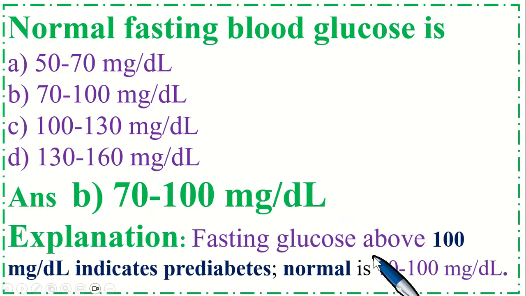Explanation: fasting glucose above 100 mg per deciliter indicates prediabetes. The normal fasting blood glucose range is 70 to 100 mg per deciliter.